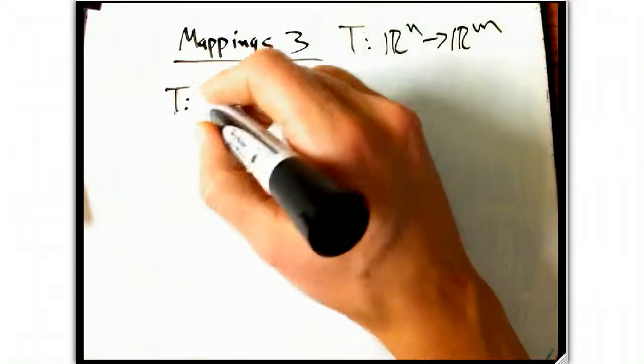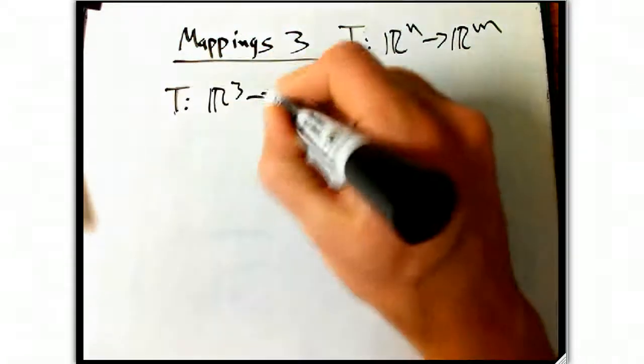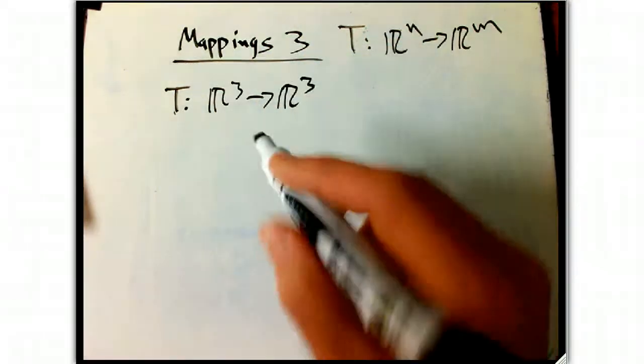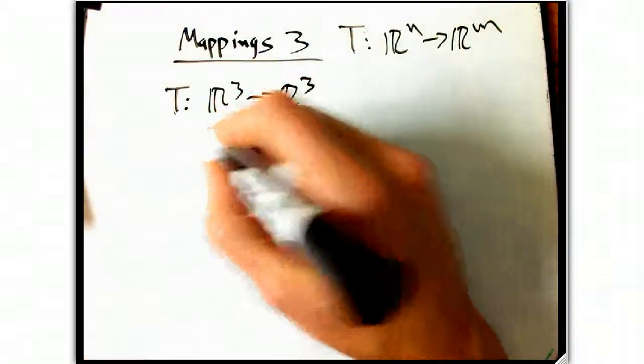It goes from R3 to R3, just like polar is a really good example of a transformation from R2 to R2: spherical coordinates.